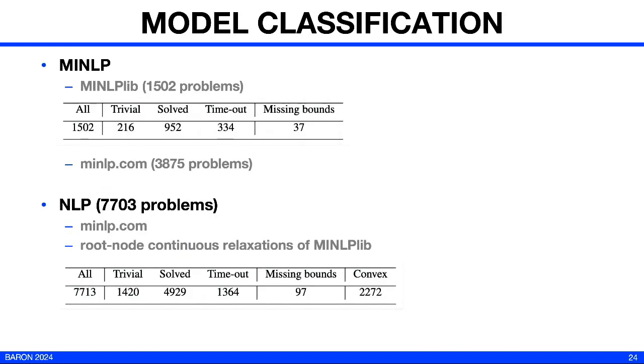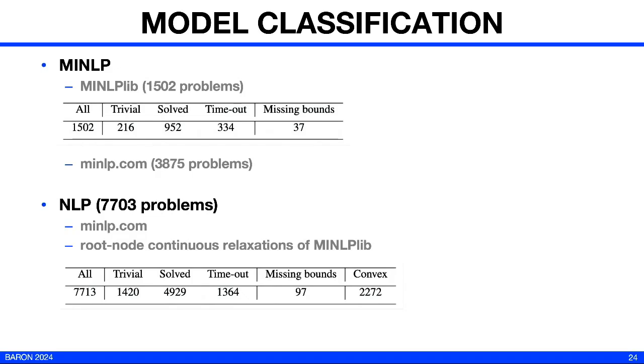First, we classify the models into 4 categories. The first one is called trivial. We identify problems as trivial when they are solved within 1 second by all solvers. We classify a model into the timeout category when it cannot be solved by any solver within the time limit.